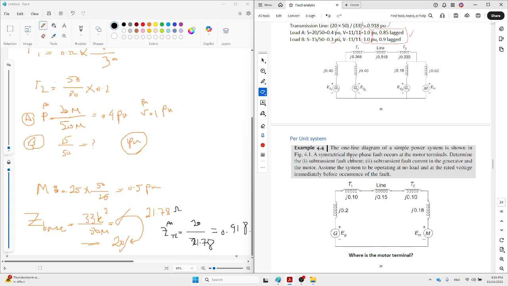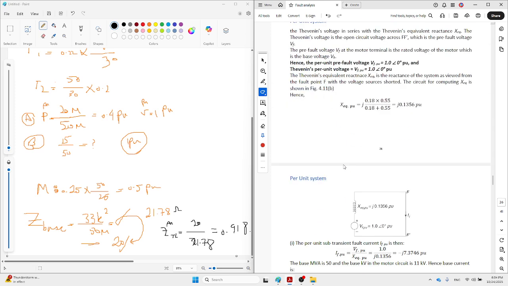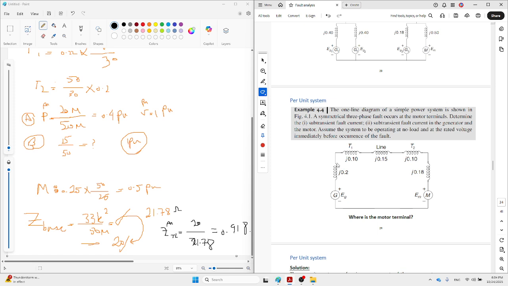In the next video, I will try to explain the fault in the power system and start the three-phase fault analysis. In this unit, we only focus on the three-phase fault. We ignore single phase and double phase because their fault current is not significant compared with three phase.